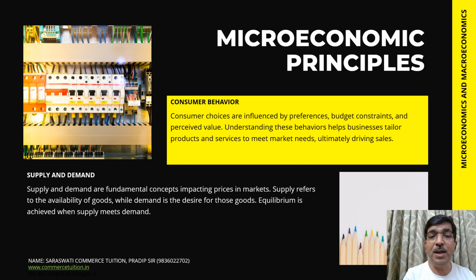It means supply alone is not enough; there must also be demand in the market. Demand is the desire for those goods that consumers need in the market. Equilibrium is achieved when supply meets demand. If total supply and total demand cross at a point, that is called the equilibrium, and that is the equilibrium price. When you supply properly as per demand, at that time we can say the market is in an equilibrium position.